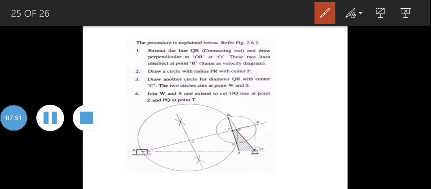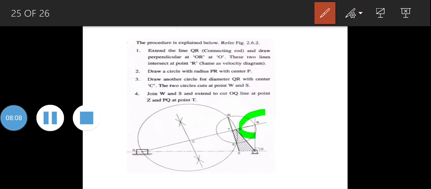Now we also have to draw OR, that is a perpendicular line from O. So we will get a point, that is R point, as an intersection point.